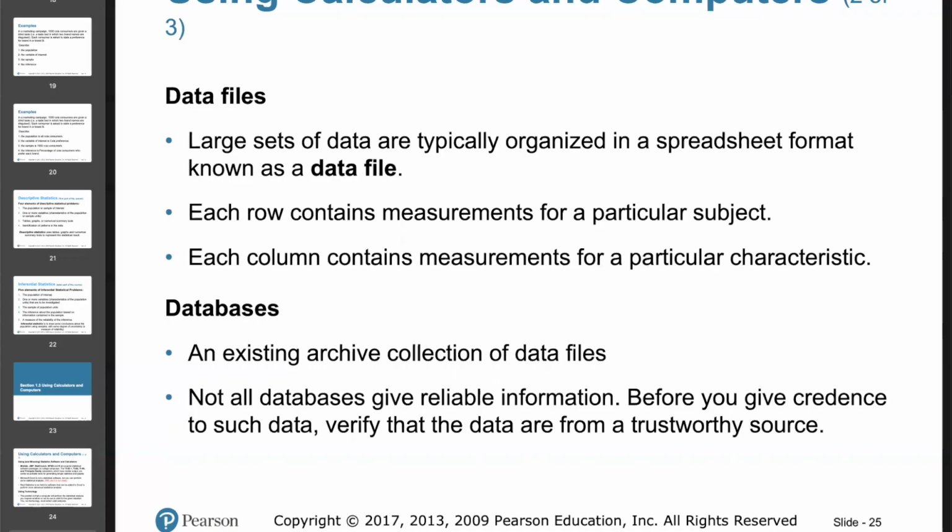Each row contains measurements for a particular subject, and each column contains measurements for a particular characteristic, which means a variable. Simply, each row is a case, and each column is the variable we are interested in. Databases are an existing archive collection of data files. So it's not just one file, it's a collection of data files.